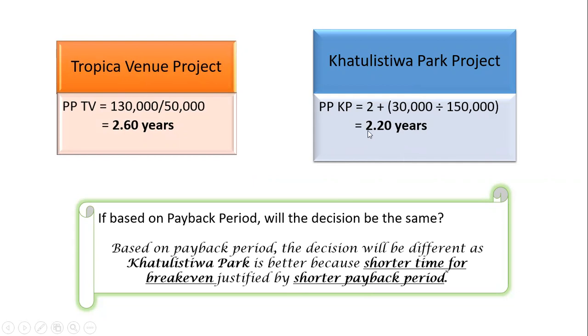It only takes 2.2 years to break even, so the company can use the initial outlay or initial capital for other projects faster as compared to the Tropical Venue project.